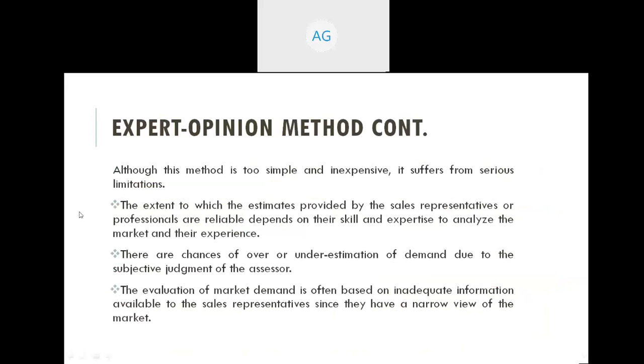So although this method is too simple and inexpensive, it suffers from serious limitations. So these are the limitations of expert opinion method. The first is the extent to which the estimates provided by the sales representatives or professionals are reliable depends on their skills and expertise to analyze the market and their experience.